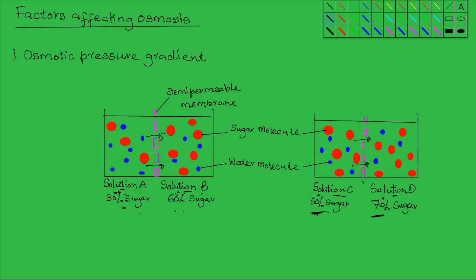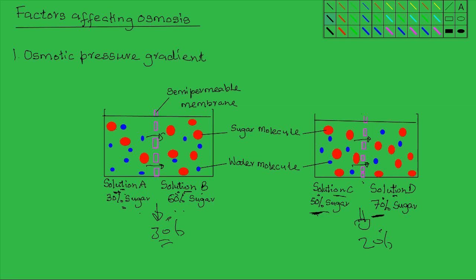Now, in this case, the rate of osmosis is going to be higher from solution A to B than from solution C to D, because of a higher osmotic pressure gradient between solution A and B. So this way, the osmotic pressure gradient between two solutions determines the rate at which osmosis will take place.